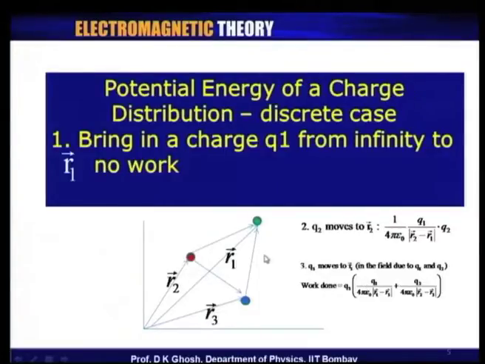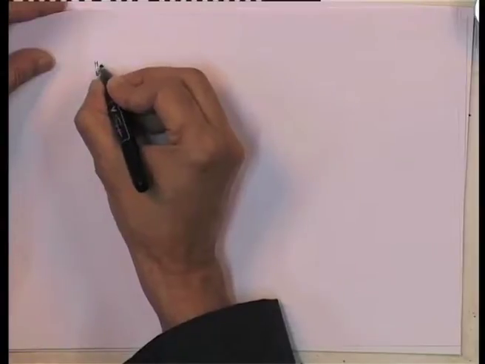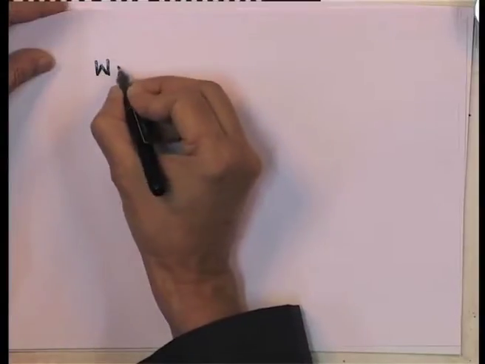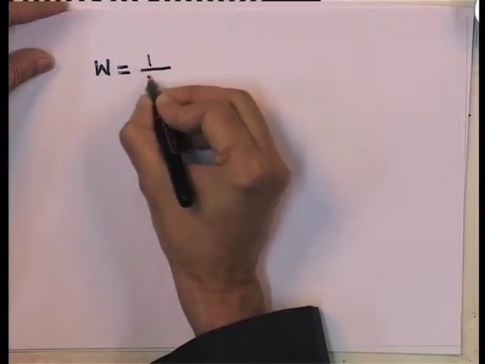Now, I can go on like this, a fourth charge, a fifth charge and things like that. So what have we actually seen? Suppose we are looking at the work done in assembling n number of charges. So, this work done is 1 over 4 pi epsilon 0.